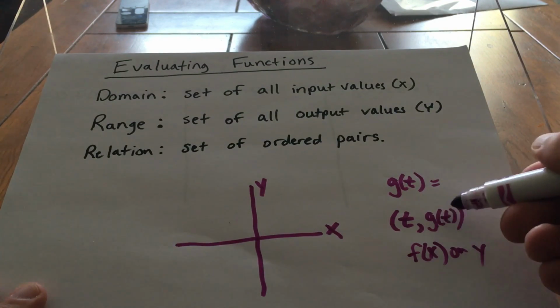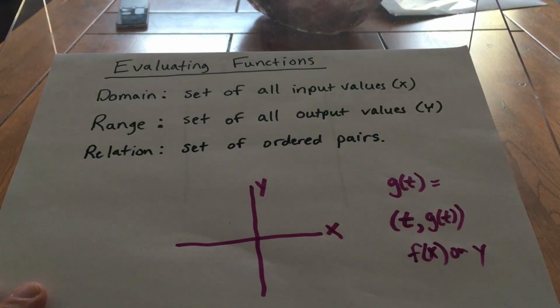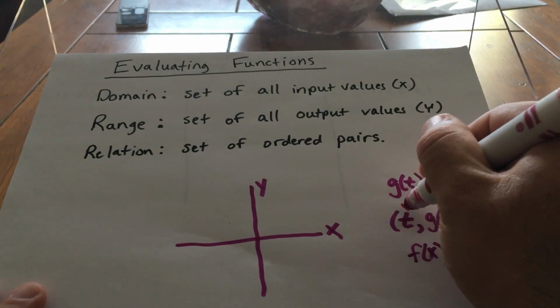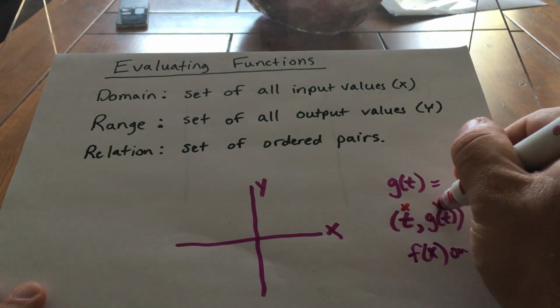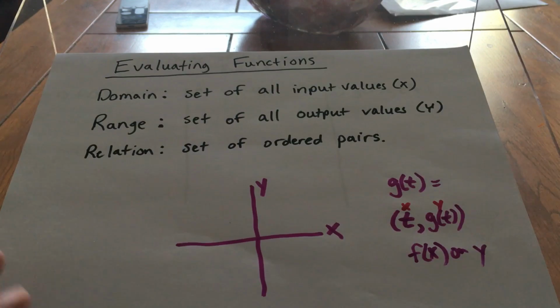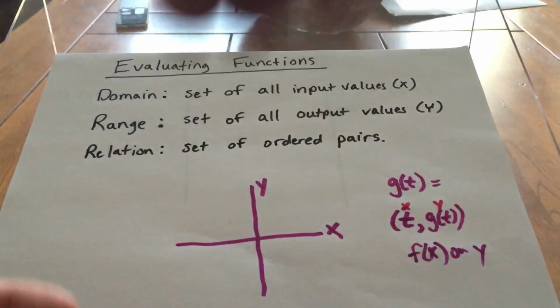Our y value here is g of t. So this t here, this is our x value, our x coordinate. G of t is our y coordinate. So those are very important to remember. Just think domain, x-axis, range, y-axis, up and down.